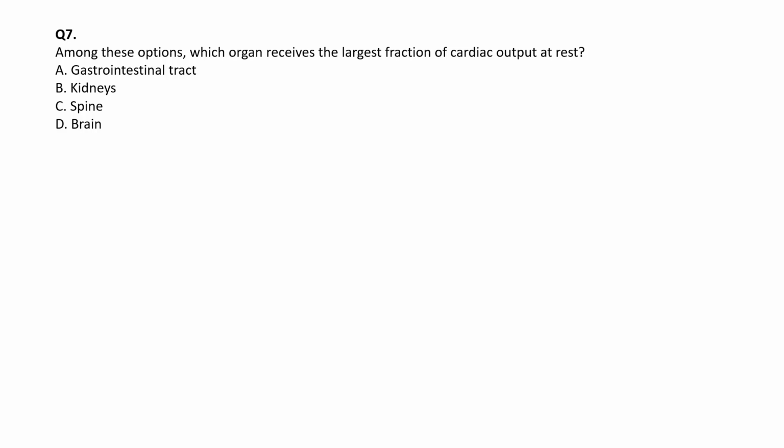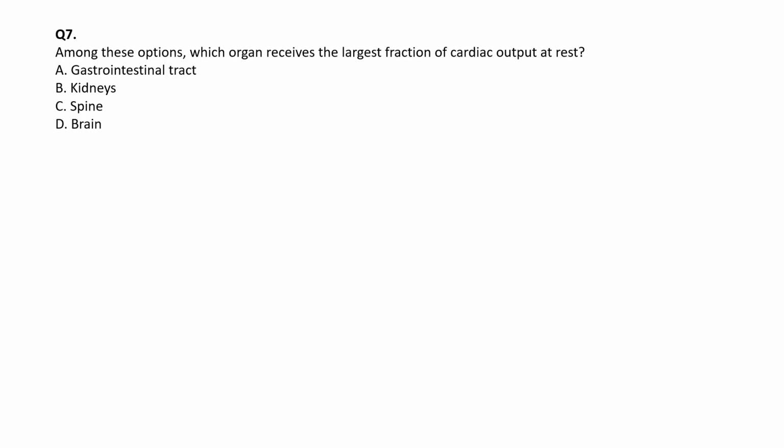Funnily enough, though it is kind of counterintuitive, the GIT, which is called the splanchnic circulation, I think I don't know how to pronounce it, has about 20 to 25%. Yeah, exactly, this is surprising. 20 to 25% of the cardiac output goes to the GIT.